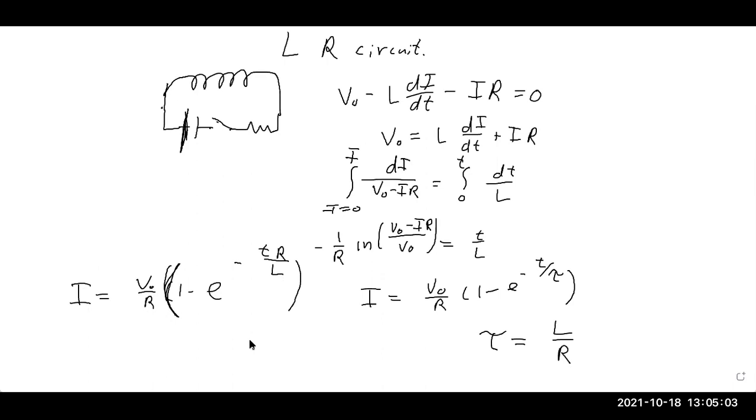Inductance divided by resistance also works out to have units of seconds if you use henrys for your inductance and ohms for your resistance.